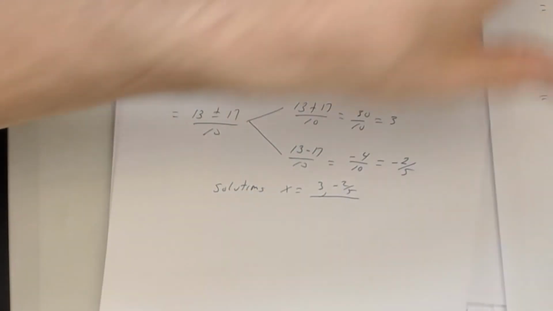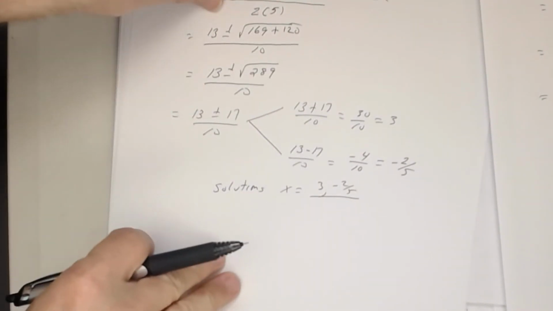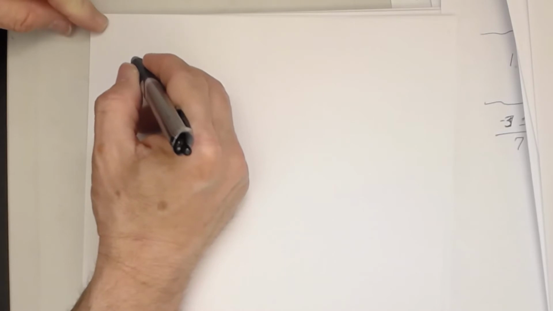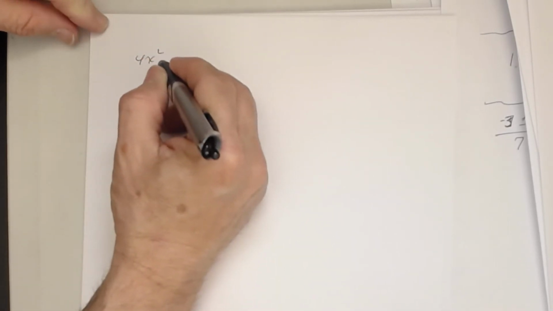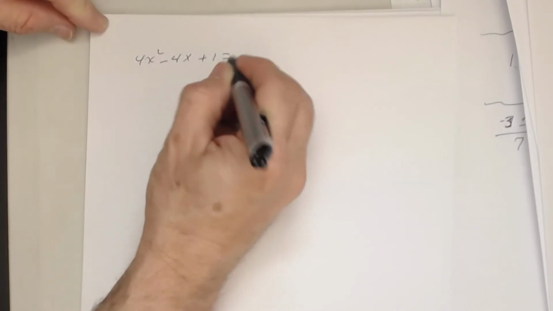Okay, so let's say we had, write this example. Suppose you had 4x squared minus 4x plus 1 equals 0. 4x squared minus 4x plus 1 equals 0.